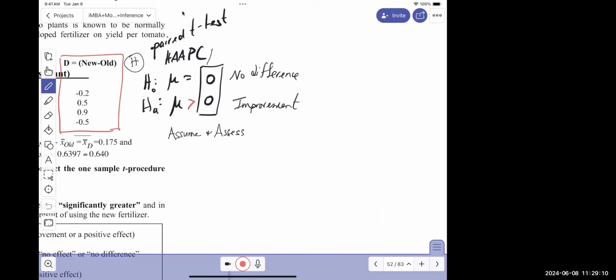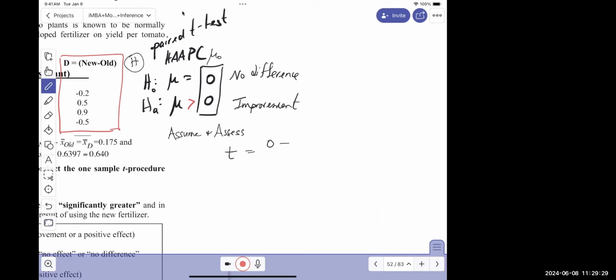And I say that, remember, this is H not here, that I've assumed it's zero. And what I'm going to do is convert this to a t-test.